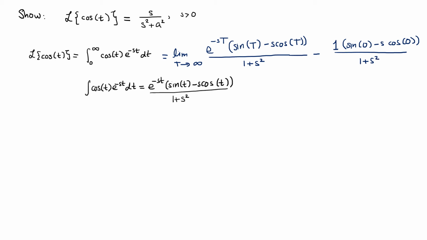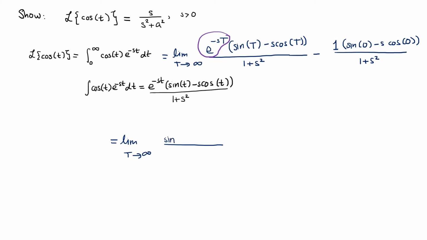All right. Now, if we're looking at this e to the negative st, you can think of this as living in the denominator. We've got an exponential in the denominator. Sine and cosine are moving around, but as long as s is positive, this limit is going to go to 0, because exponentials get way bigger than either sines or cosines.